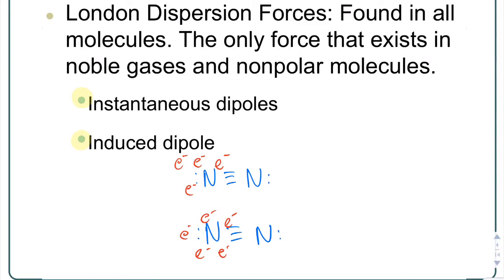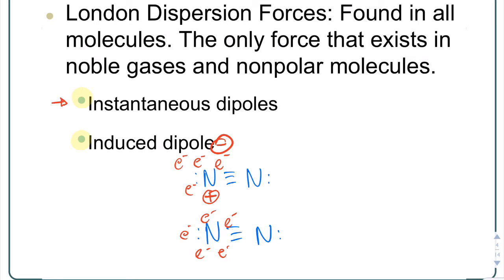But for a brief moment in time, we get a negative that pops up on this side of the molecule. Now, this is what we call an instantaneous dipole. For one instant, we get a negative on that side, which means that this side becomes positively charged.